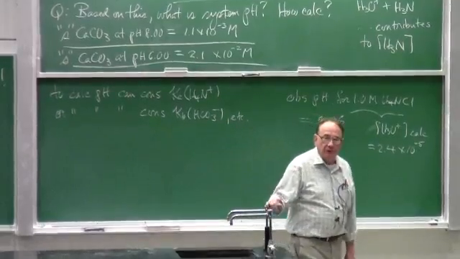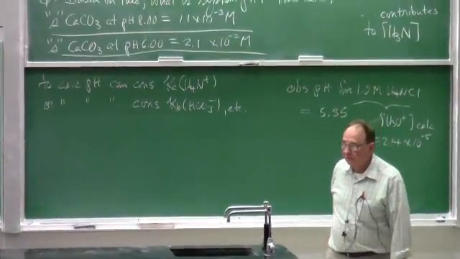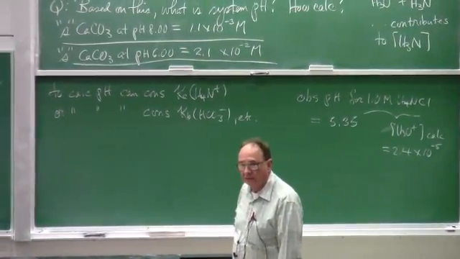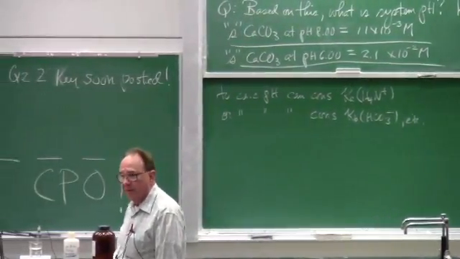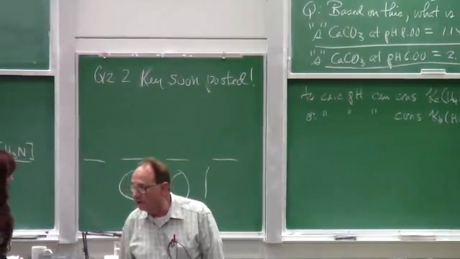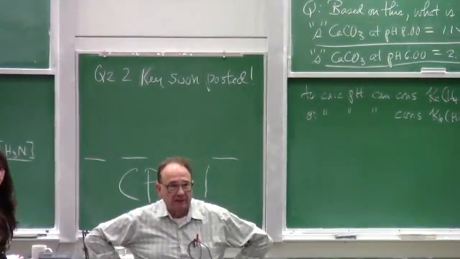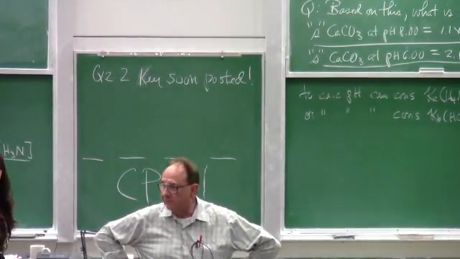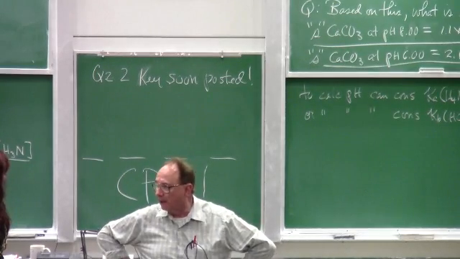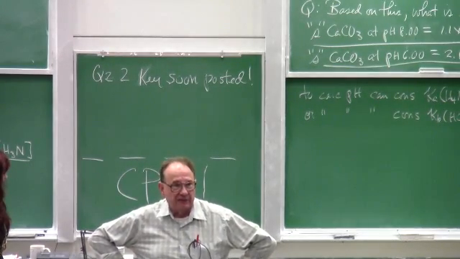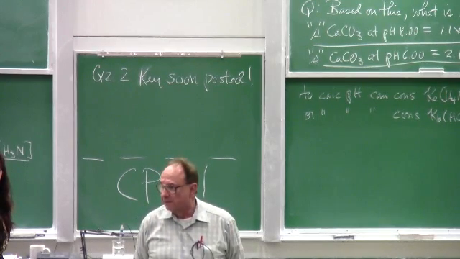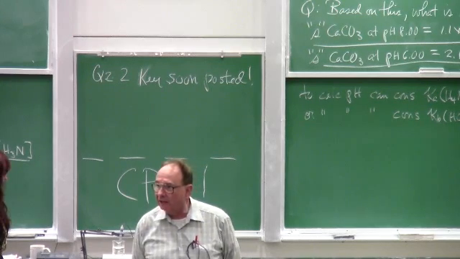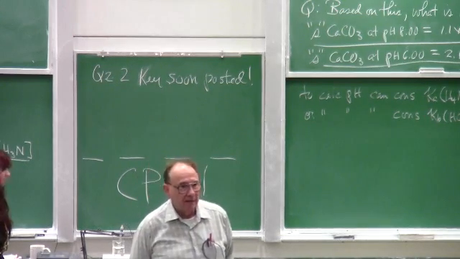The log of 2 is 0.3010. Log of 3 is 0.4771. And 2.4 is closer to 2 than it is to 3. You'd be surprised how quickly you can do a lot of this stuff if you memorize some of this information, like I have. So I'm going to get a pH that's on the order of 4 point.